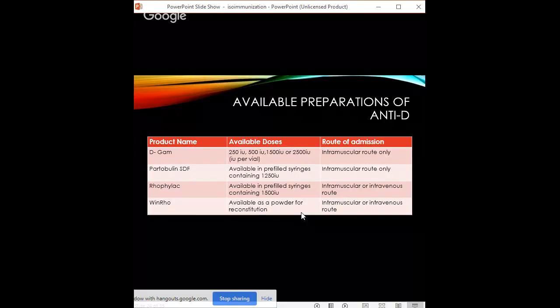You would give it intravenously in cases of large fetal maternal hemorrhages, specifically after delivery. No, not really. Here the same general contraindications to IM injection apply. Can you think of any contraindications to intramuscular injection?